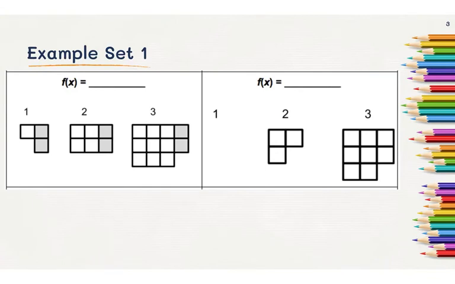Example set 1. This is somewhere on your worksheet, so try to find it. So again, I'm focusing on the squares and then any constants that are happening. So in this one, I've got 1 square, so 1 squared. And here I've got 1, 2, 3, 4, which is what 2 squared is. 2 on the side, 2 on the top.